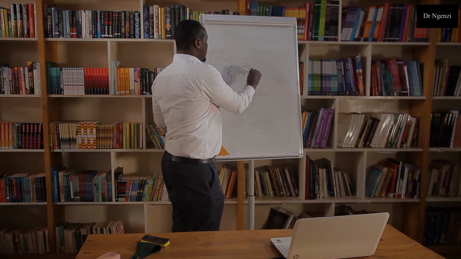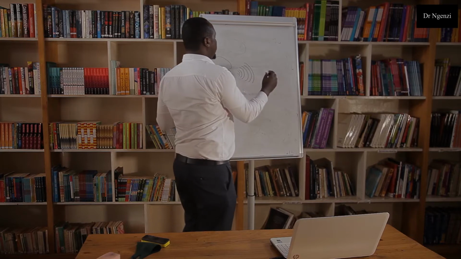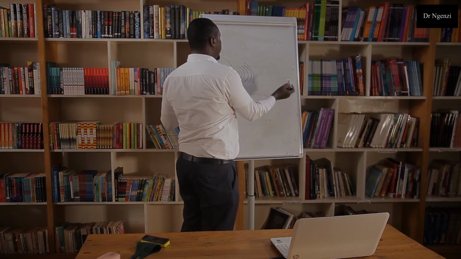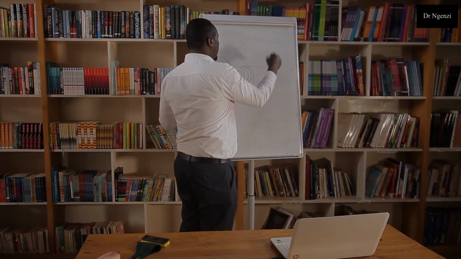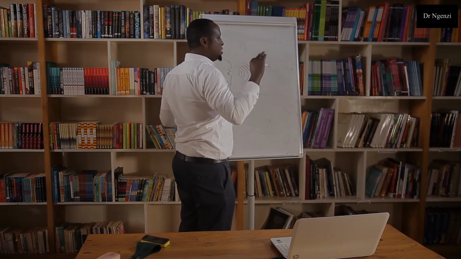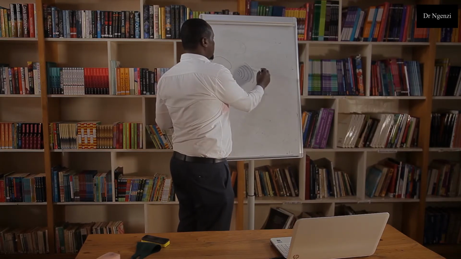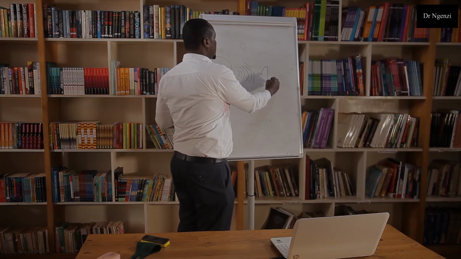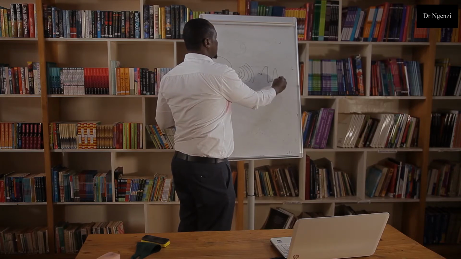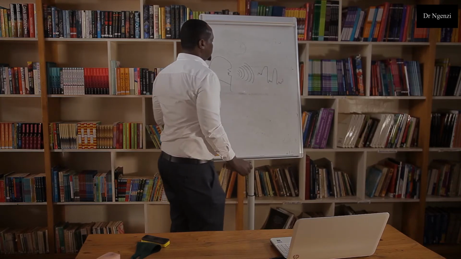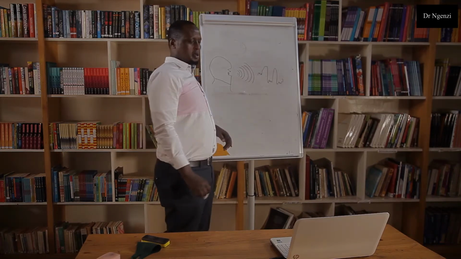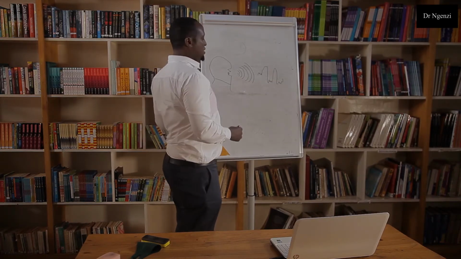It has to come as an analog signal, because when I'm releasing voice, it comes as an analog signal. Suppose this is the analog signal, and it goes to any system.